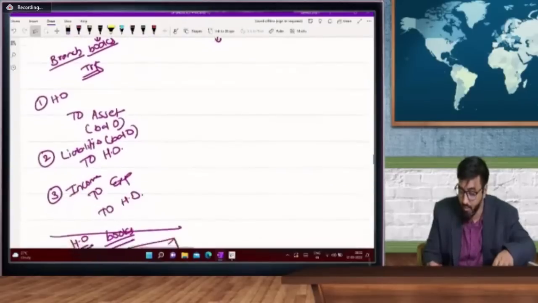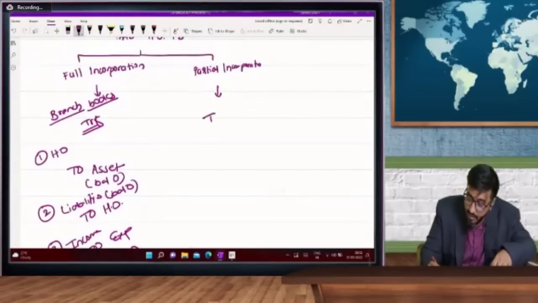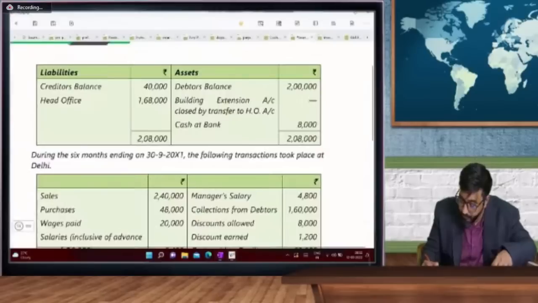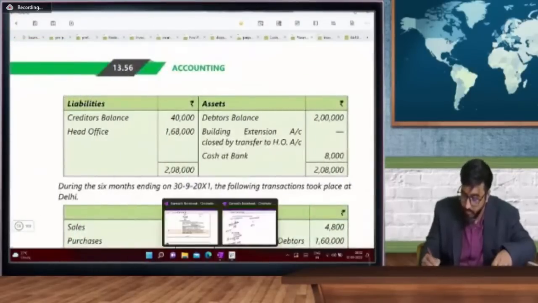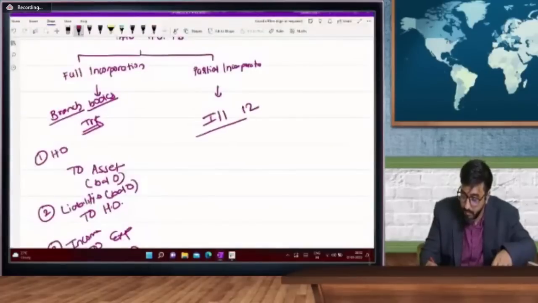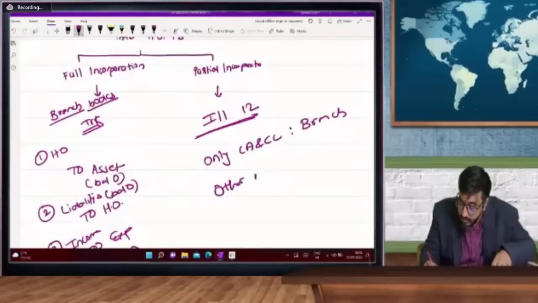So branch books, partial incorporation. Partial incorporation means what? This is similar to illustration number 12. Only current assets and current liabilities are recorded by the branch. Other accounts are transferred to HO.